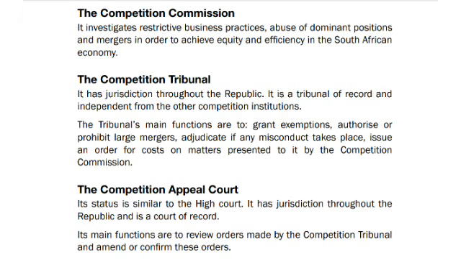Then we also have the Competition Tribunal, which has jurisdiction throughout the Republic, meaning in all of South Africa. It is a tribunal of record and independent from other competition institutions. The tribunal's main functions are to grant exemptions, and authorize or prohibit large measures. By measures, we are talking about where businesses would collude among themselves, so to prevent things like collusion.